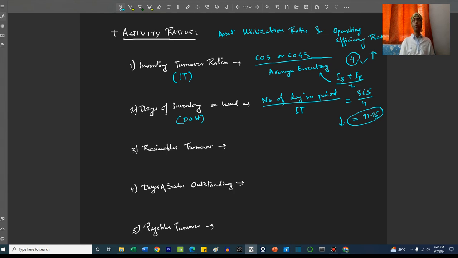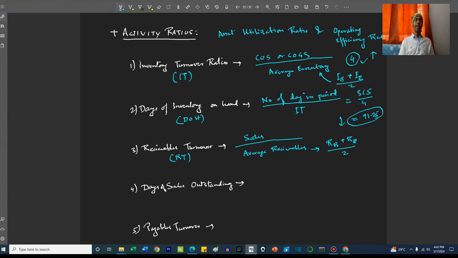Now we come to receivables turnover. Receivables turnover is defined as sales divided by average receivables. Average receivables again is basically receivables at the beginning of the period plus receivables at the end of the period divided by 2.